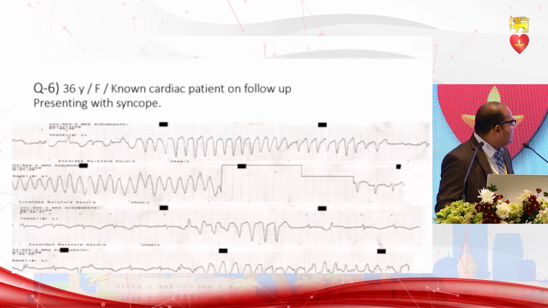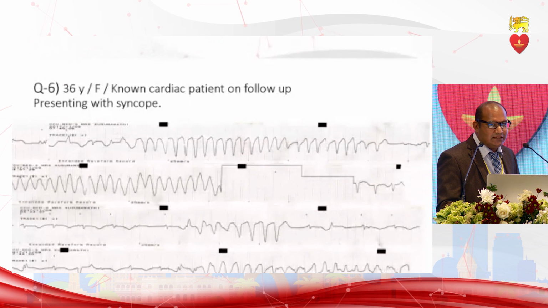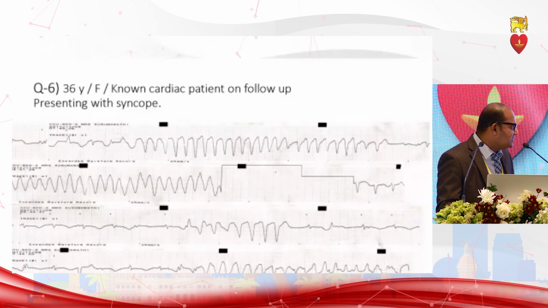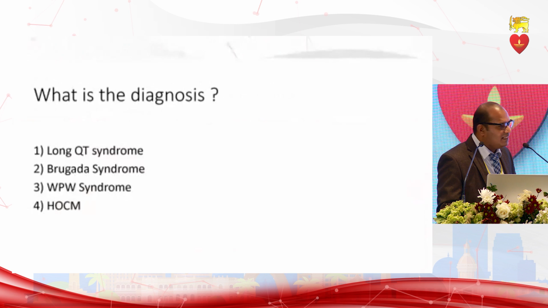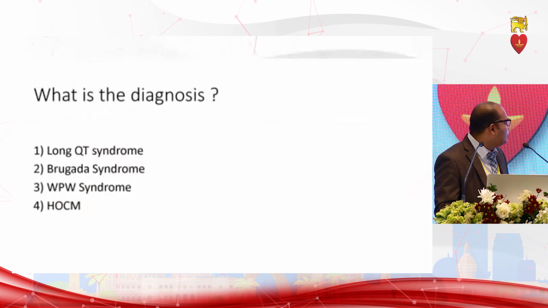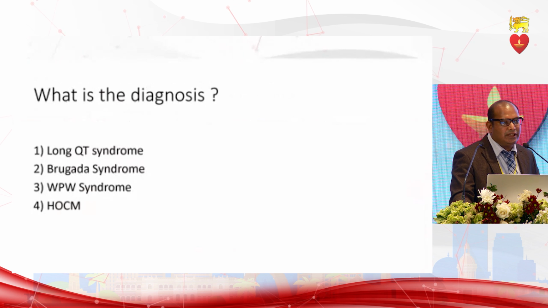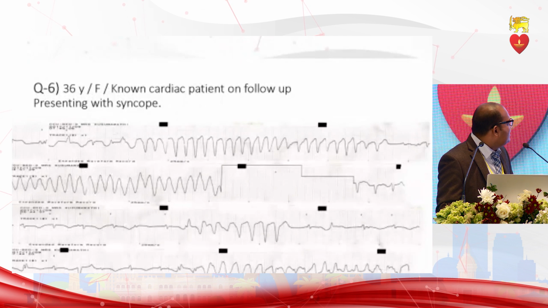So you can analyze the segments as well as the phenomena that happens and what follows. Is it long QT syndrome, Brugada syndrome, WPW syndrome, or hypertrophic cardiomyopathy? The ECG again.